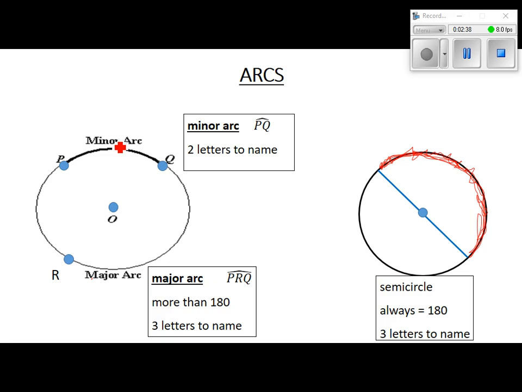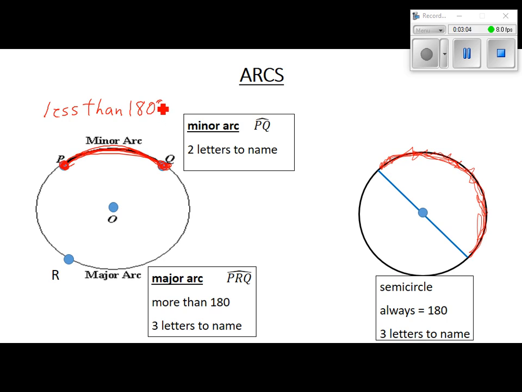Arcs in a circle: an arc is part of the outer edge of the circle. So copy down what's in the boxes. A minor arc goes from one point on the circle to another point on the circle. A minor arc is always less than 180 degrees, so it's going to be less than half the circle.